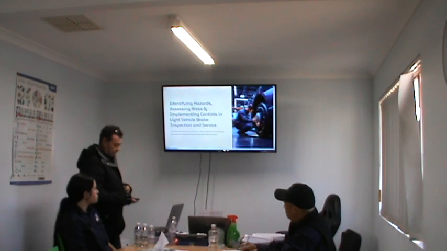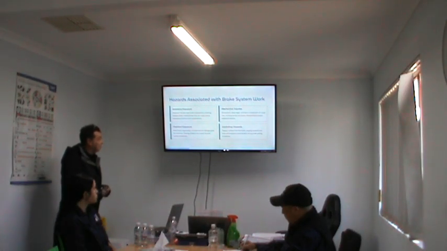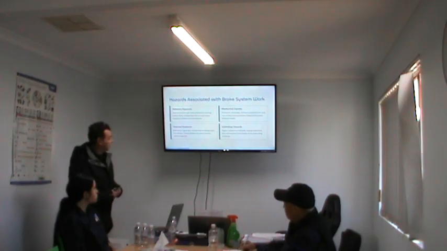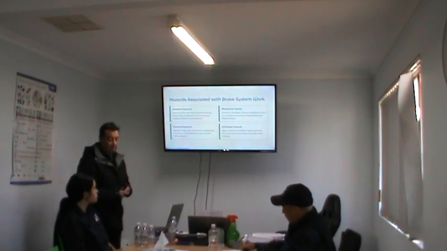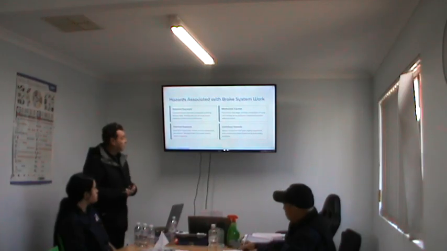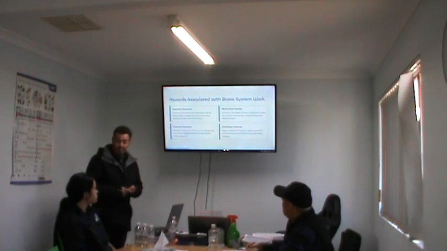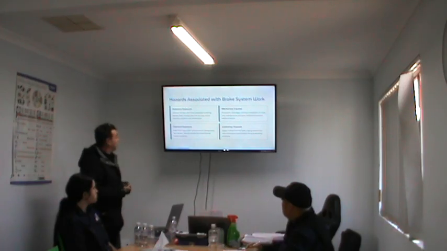So we'll move on to the next slide and we'll have a look. Hazards associated with brake systems. We got asbestos exposure. So a lot of older brake components, brake pad material was made containing asbestos fibres. These fibres, once they're airborne, can be very, very hazardous to your respiratory system.